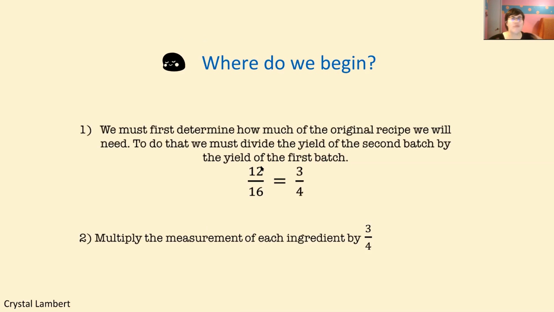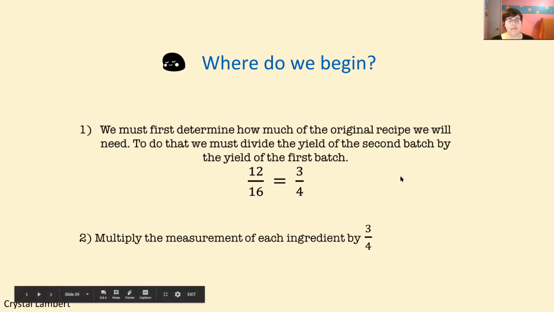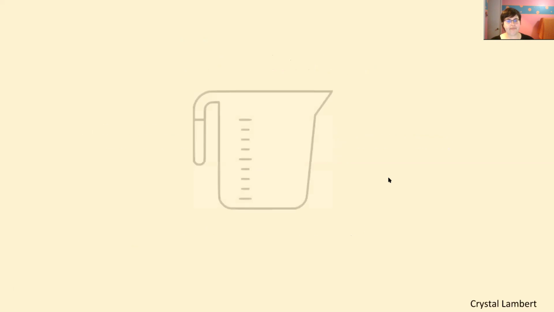So you know a fraction is just division, right? So here we go. 12 over 16 is equal to 3/4. That makes sense. Then you're going to multiply the measurement of each ingredient by 3/4.